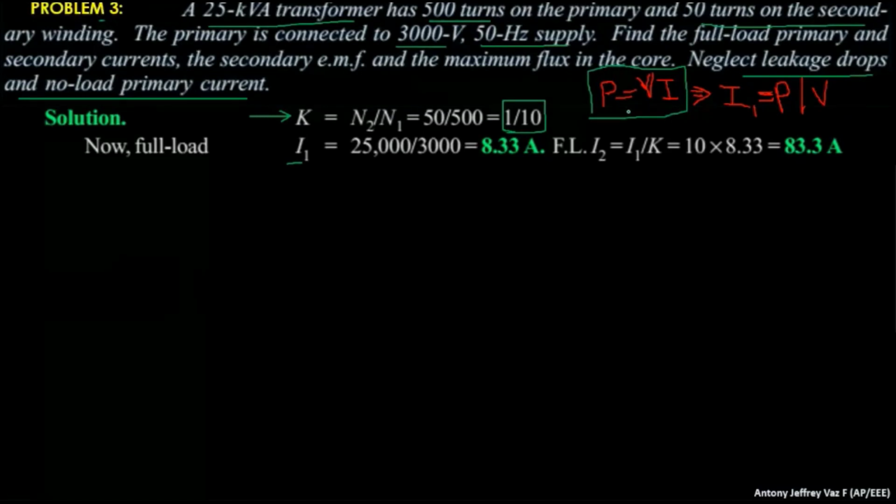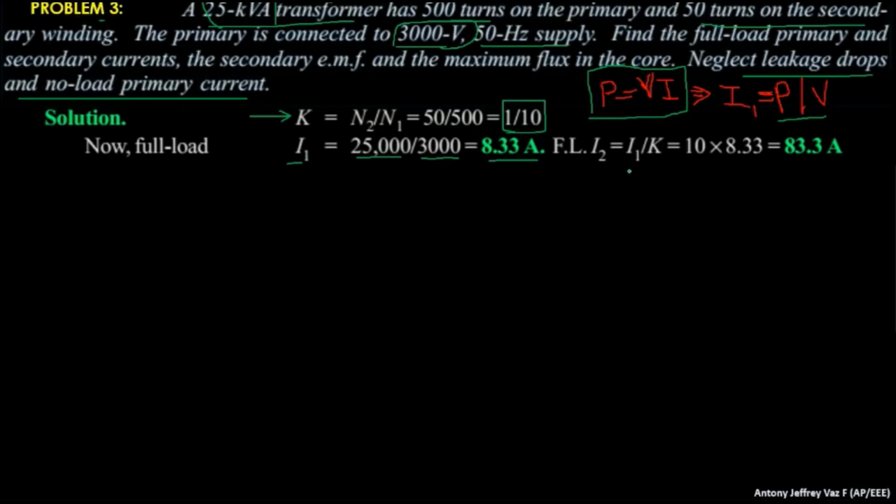To know I, you need to divide P by V. The power rating is 25 kVA, so 25,000 divided by the voltage. The primary voltage is 3000 volt. Just substitute, and you will get 8.33 amperes, and this is the primary current.